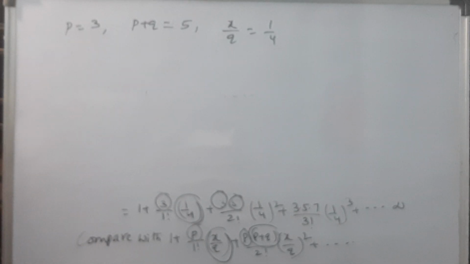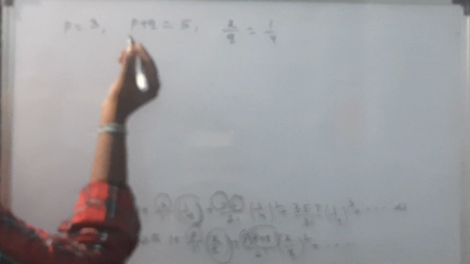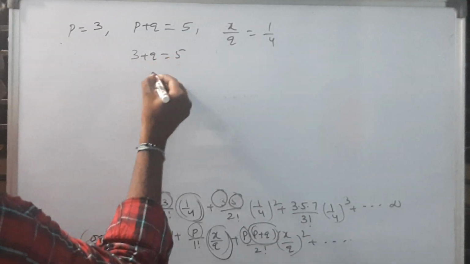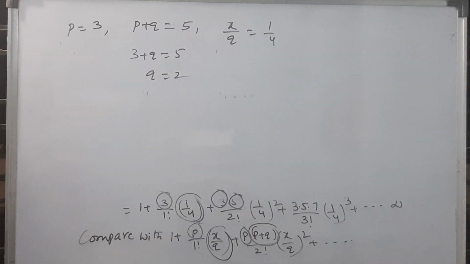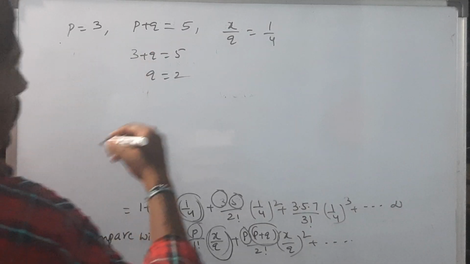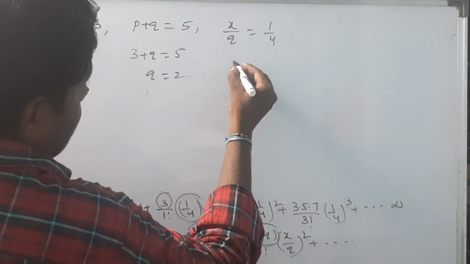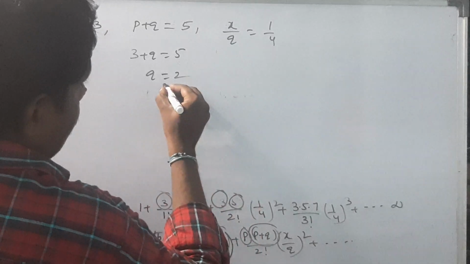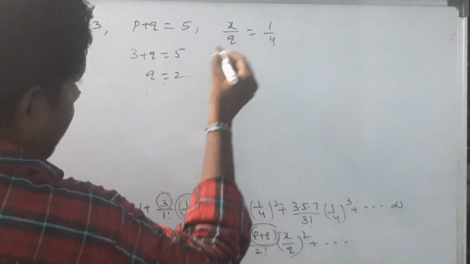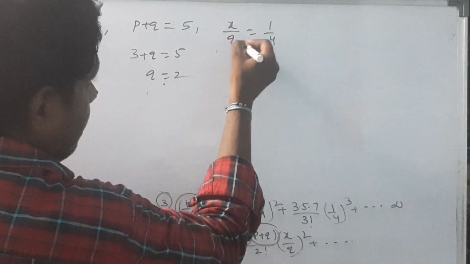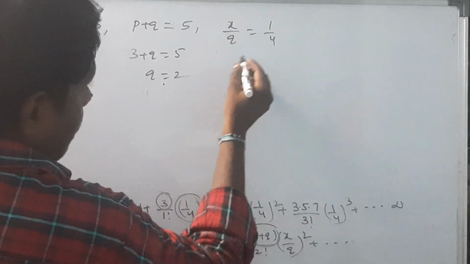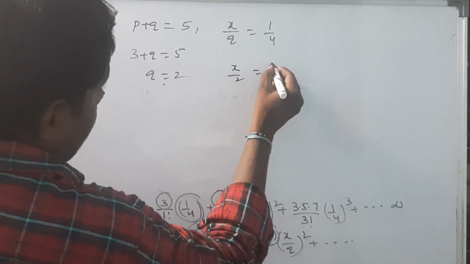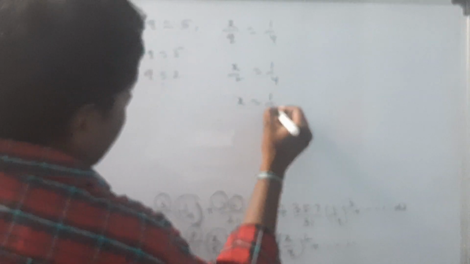Now, if p value is 3, substitute p value here: 3 plus q is equal to 5, then q is equal to 2. Next we want x value. Substitute q value in x by q equal to 1 by 4: x by 2 is equal to 1 by 4, so x is equal to 1 by 2.